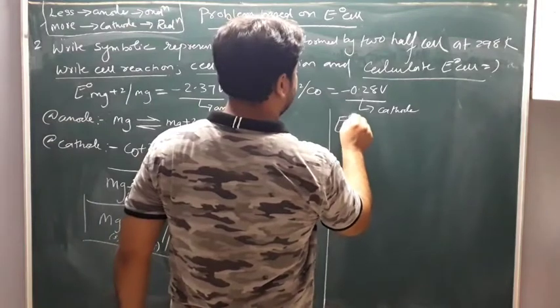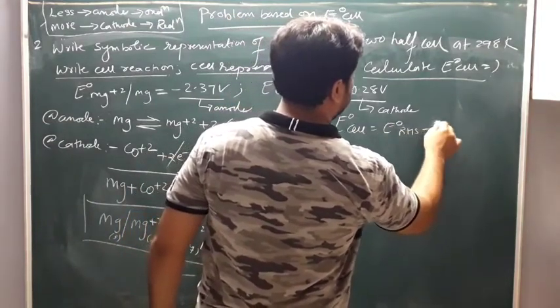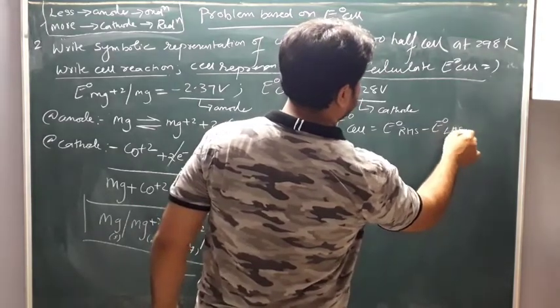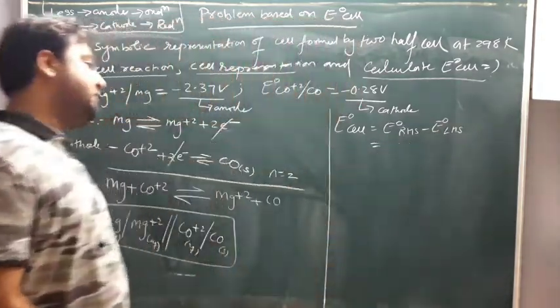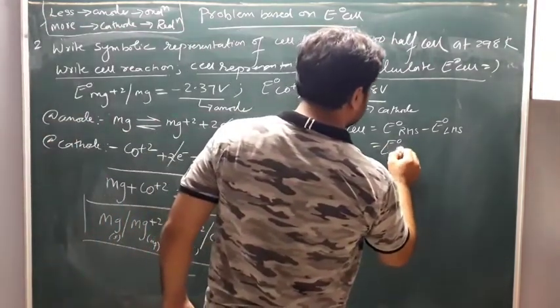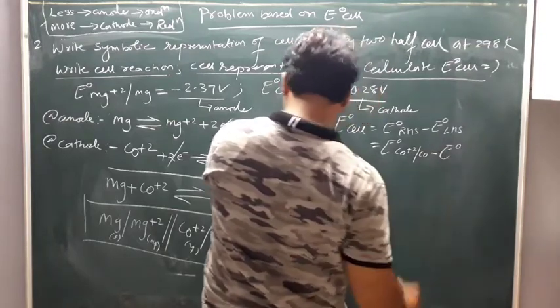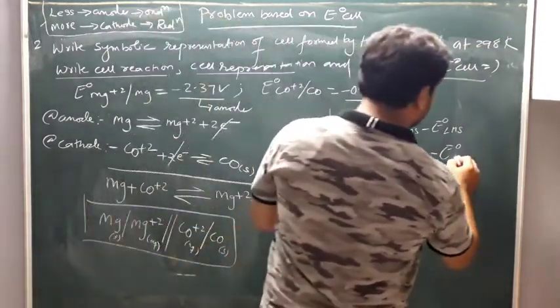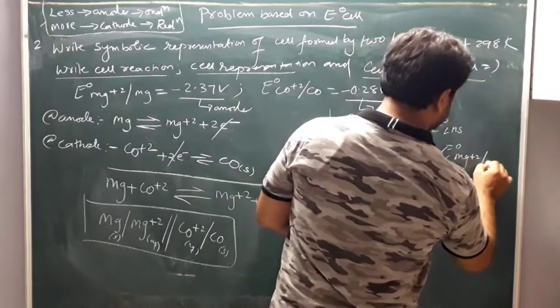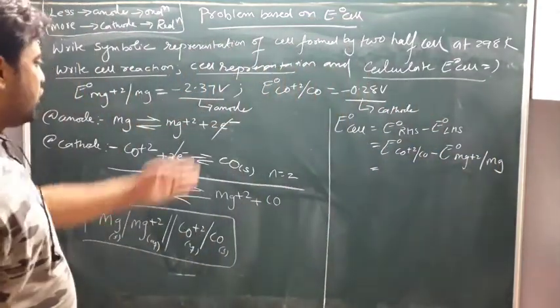Okay, now we calculate the cell potential E naught cell. So E naught cell will be equal to E naught RHS minus E naught LHS. What do we write down? E cathode minus E anode. Who is at the RHS side? Cobalt. So E0 Co plus 2 slash Co minus E0 Mg plus 2 slash Mg. Okay. What is the value for cobalt they have given?